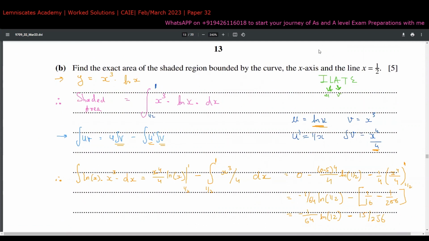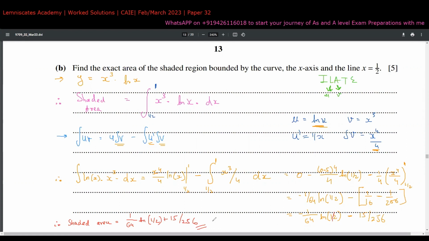Therefore, the final answer is shaded area equals to, this is not 12, this is ln of half, 1 by 64 ln of half plus 15 by 256.